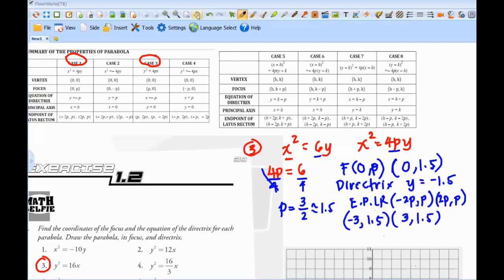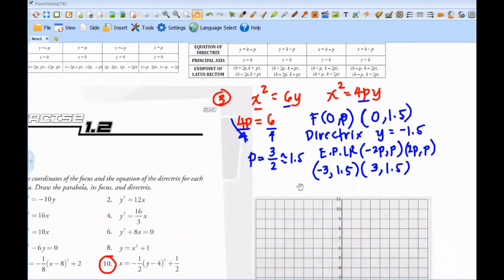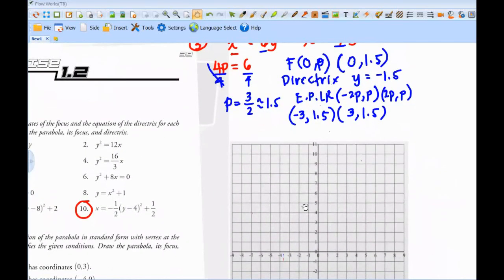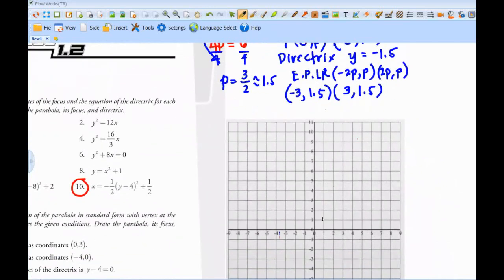So let us now graph our parabola. The focus is at (0, 1.5), so it is over here. And then the latus rectum endpoints, (-3, 1.5) and (3, 1.5). The directrix is at y equals negative 1.5.